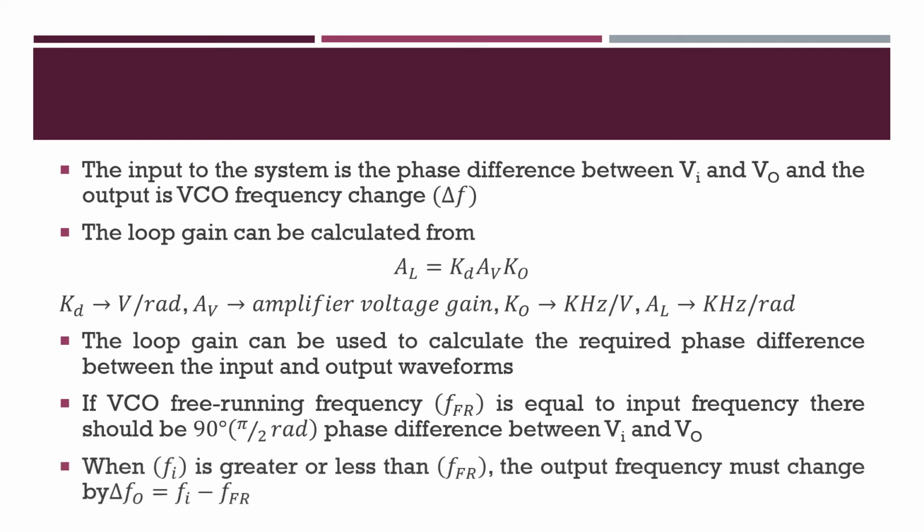Now, when Fi is greater or less than the free running frequency, the output frequency must change by delta F0, which is equal to Fi minus FR, the free running frequency.